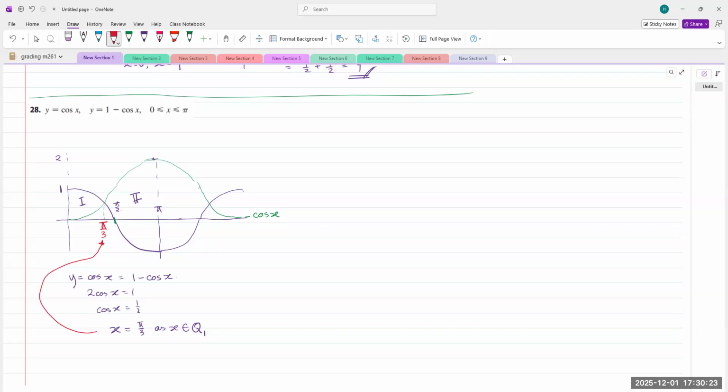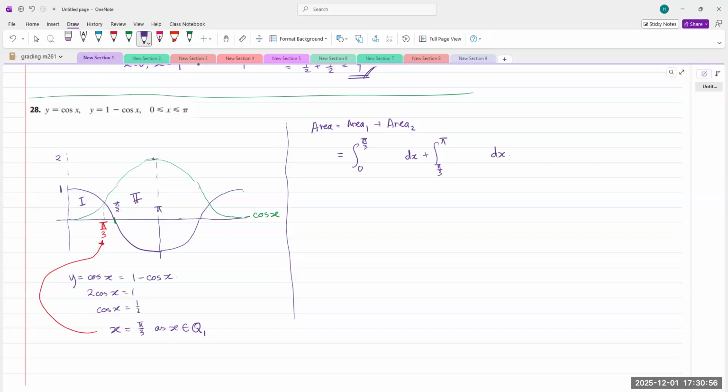Now, then, with that said, how about the area? The area equals the area in the first region plus the area in the second region. Not second quadrant, second region. The area in the first region, that's integral from 0 to pi over 3 dx. The area in the second region is from pi over 3 to pi dx.